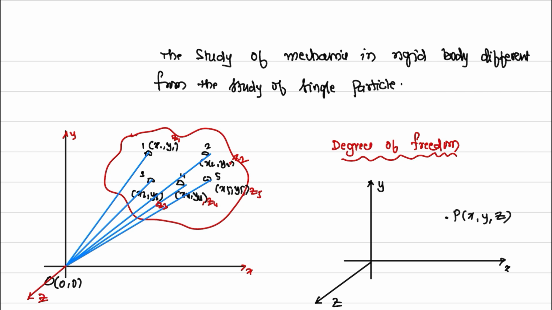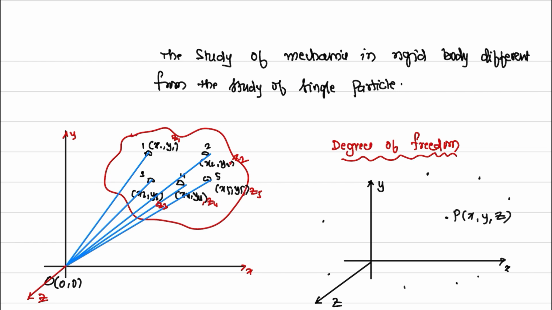It is a 3-dimensional space. That means a particle can have any coordinate. In the y-axis, from plus infinity to minus infinity, the particle can exist. In the x-axis, from plus infinity to minus infinity, the particle can exist. This particle can be here, here, here. There is no restriction.